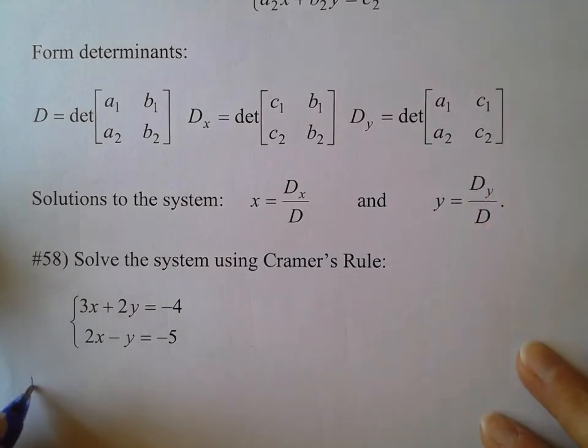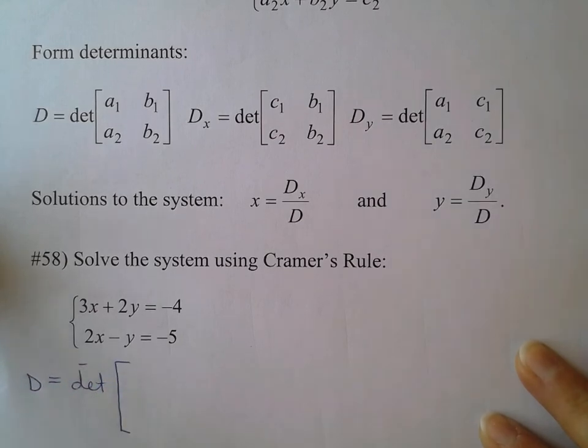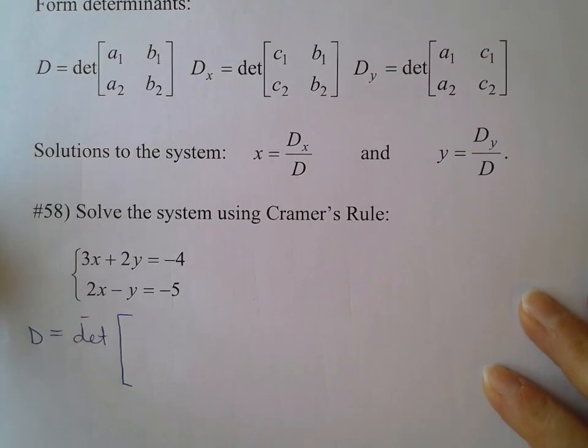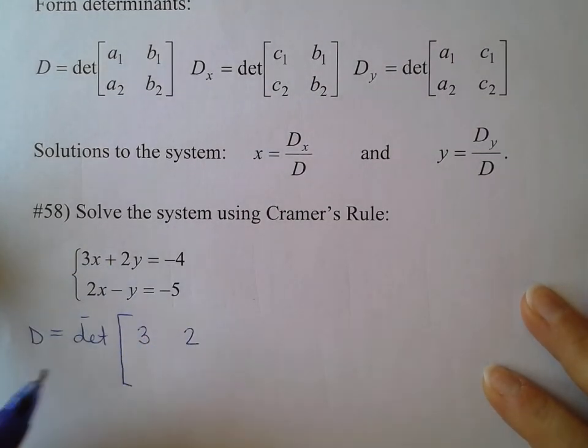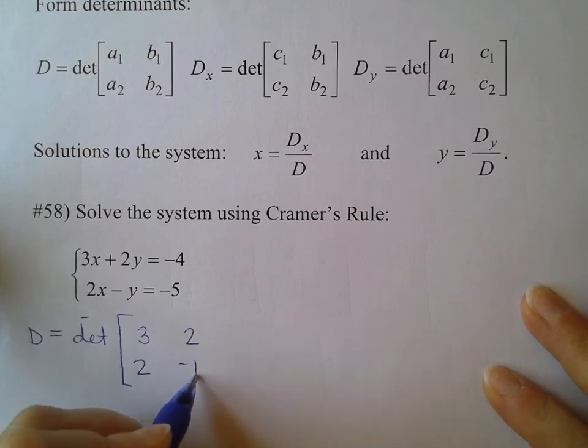All right. So let's just write it like that. So this D will be the determinant of A1 and B1, 3, 2, 2, and -1.